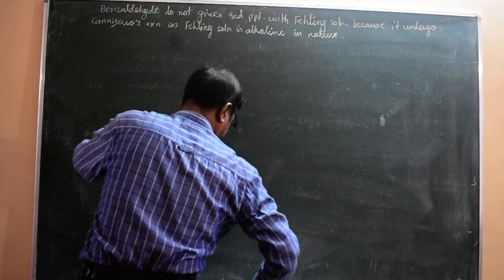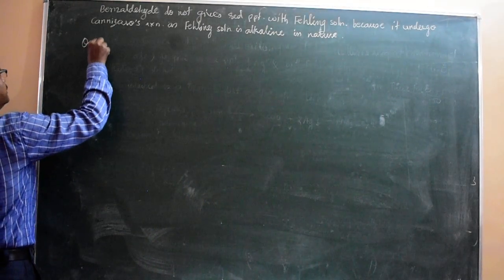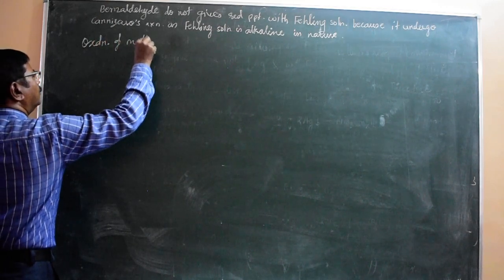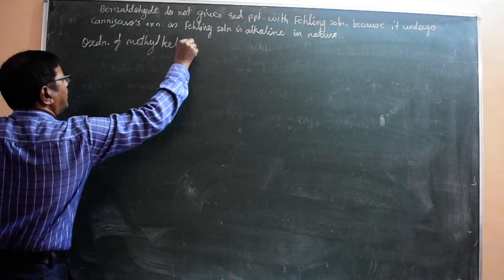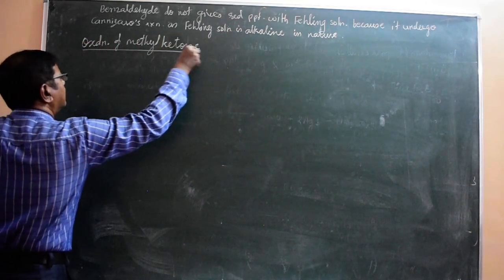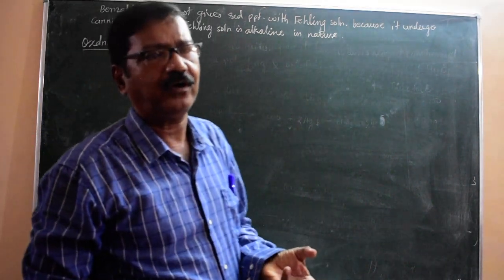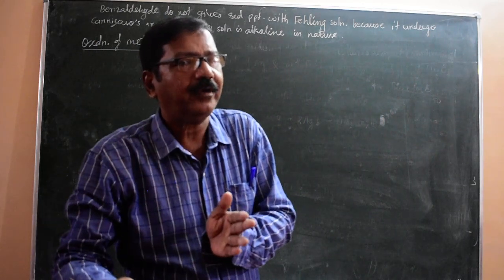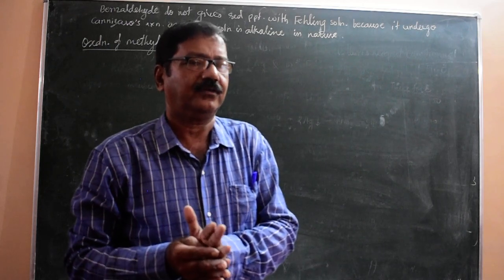Methyl ketone, next property, oxidation of methyl ketone. That means it may be an aldehyde also. We know ketone is C double bond O, methyl is CH3, and one more may be hydrogen or some other group like a hydrocarbon group.